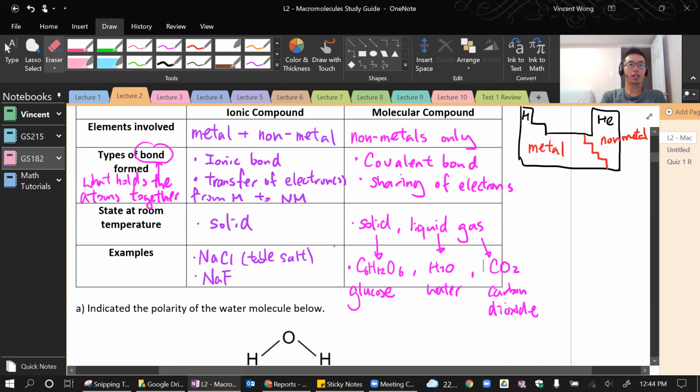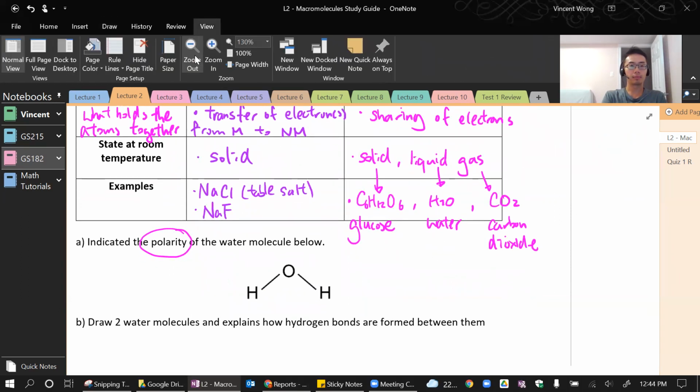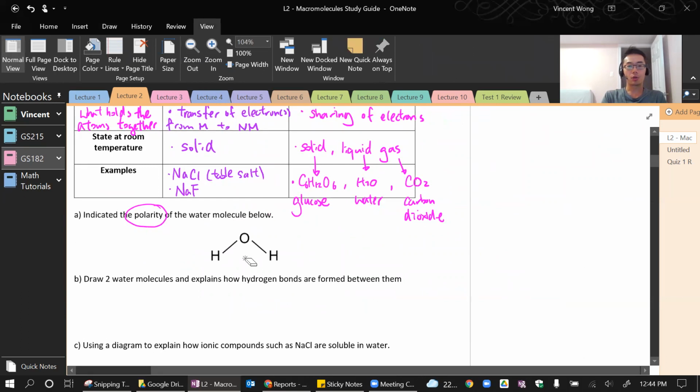Now, the next thing we're going to talk about is something called polarity. What is polarity? So basically, polarity means: are electrons being distributed evenly in the molecule?